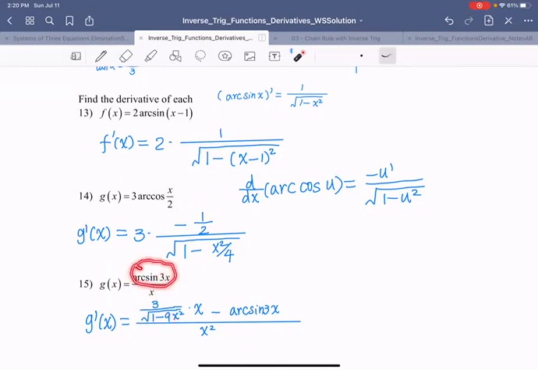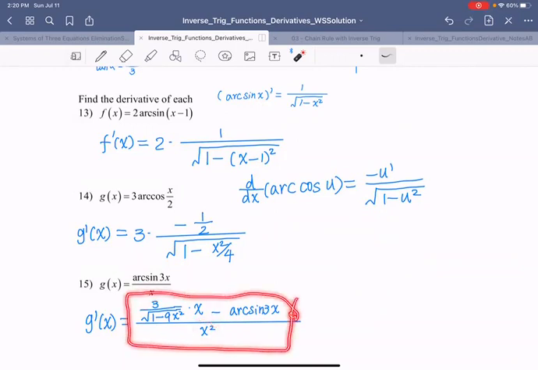That's the derivative for this one, times the bottom, copy down, minus this guy, copy down, times this guy's derivative, which is 1, divided by this guy squared. That is the derivative, okay?